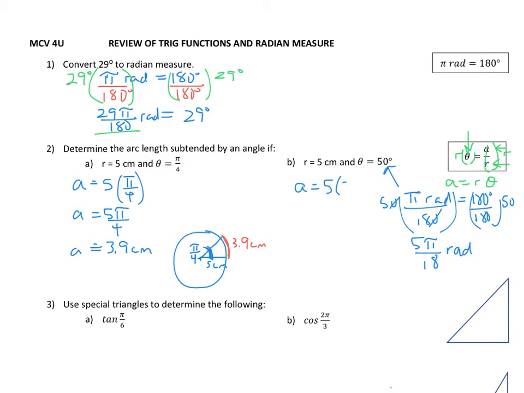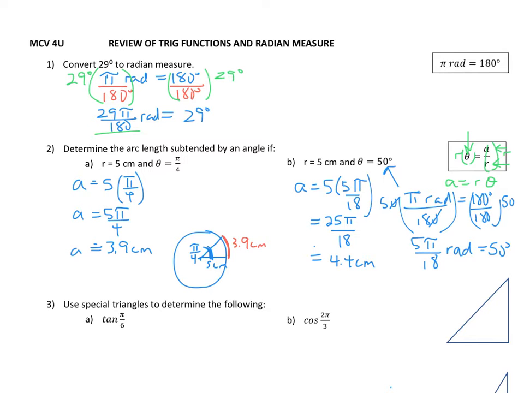I just reduced the 50 and the 180 by a factor of 10. That's equal to 50 degrees. So what goes in the bracket here has to be 5 pi over 18. That's going to give me 25 pi over 18. My arc length then, if I do that calculation, 25 times pi divided by 18, is about 4.4 centimeters.